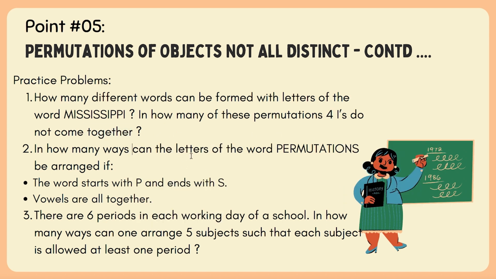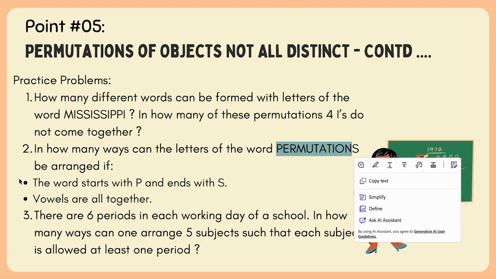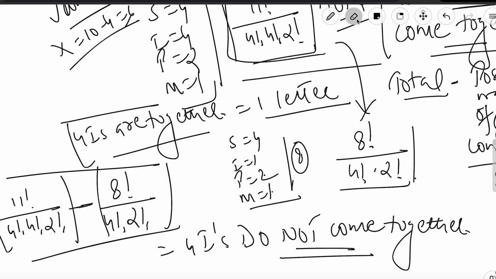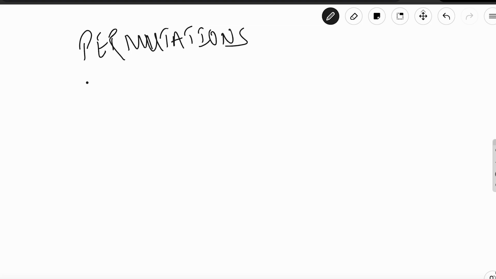In how many ways can the letters of the word PERMUTATIONS be arranged? We have PERMUTATIONS: 1 2 3 4 5 6 7 8 9 10 11 12, so 12 letters.